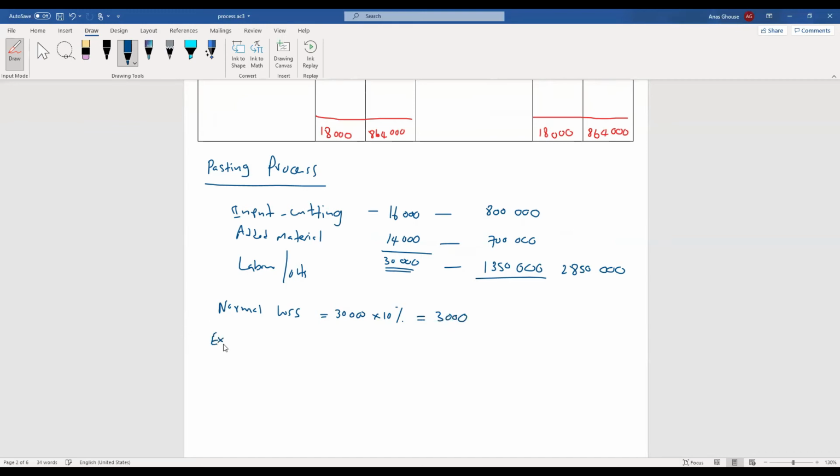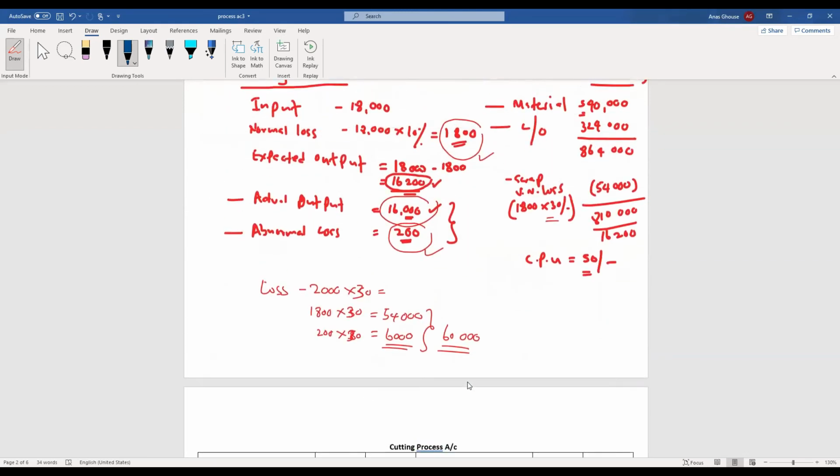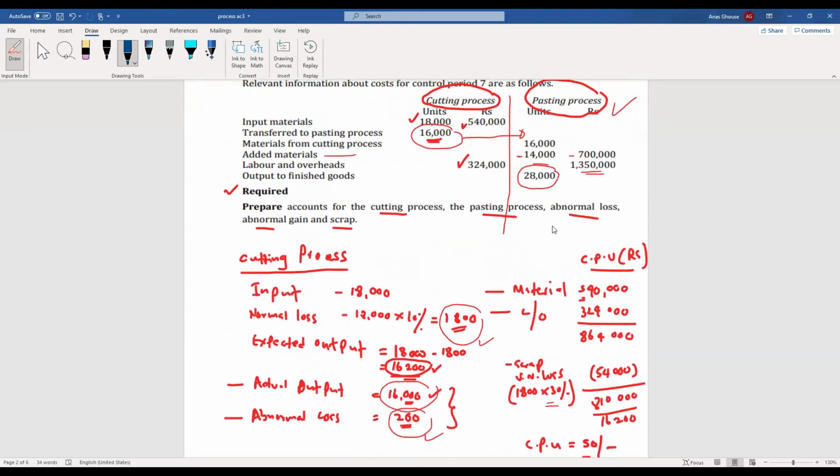So how much is the expected output? Expected output will be 30,000 minus 3,000, which is 27,000. And the actual output is given as 28,000.